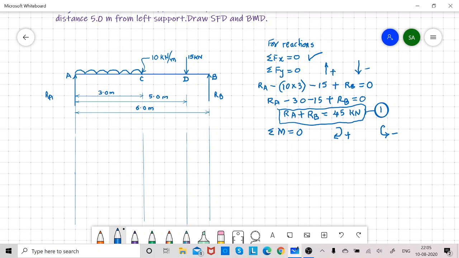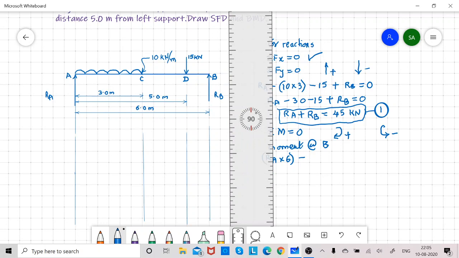Now let us take moment about B. So we will consider distances of all the forces up to B, and clockwise moment positive, anticlockwise moment negative. To start with, RA into 6. This is a clockwise moment, so positive, minus. Now, how to calculate moment of this UDL up to B?